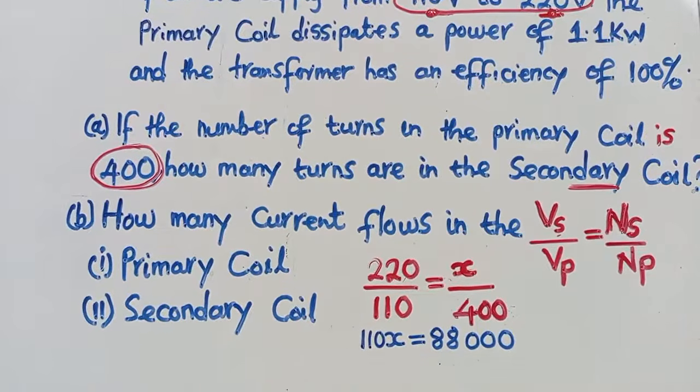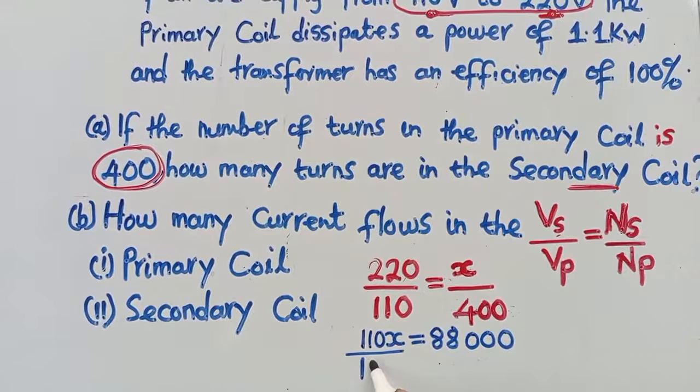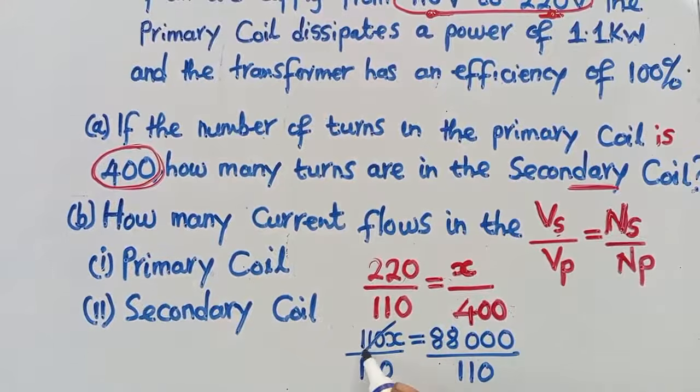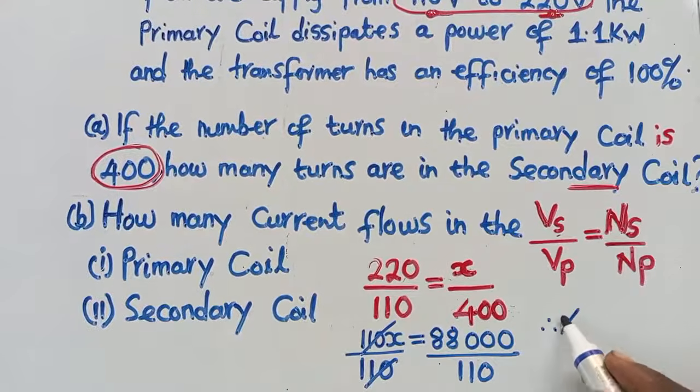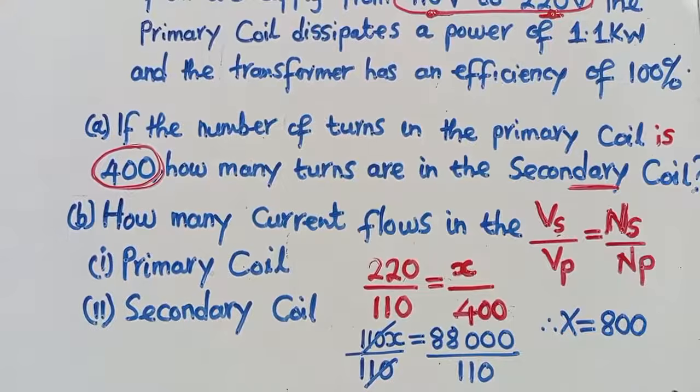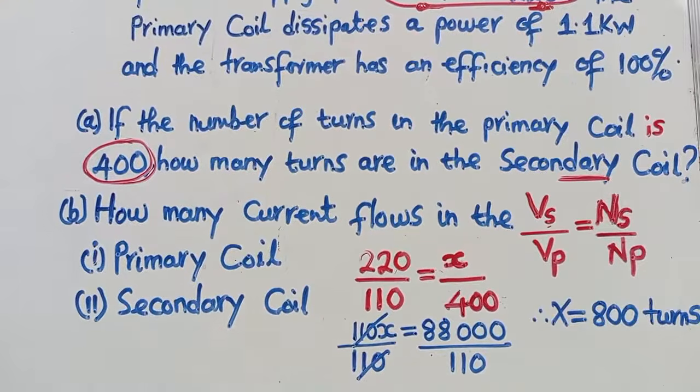We are going to divide both sides by 110, because we want to find X. So X is equal to 88,000 divided by 110. What is the answer? We get 800. So we've got 800 turns. This is how you need to go about it.